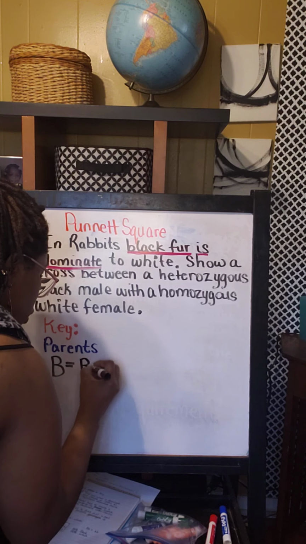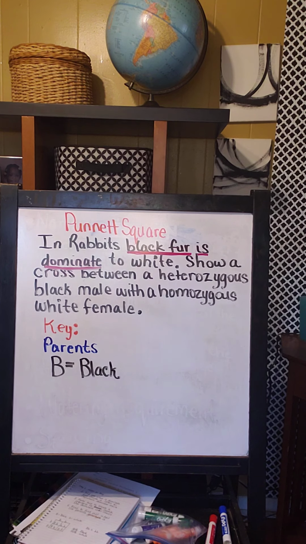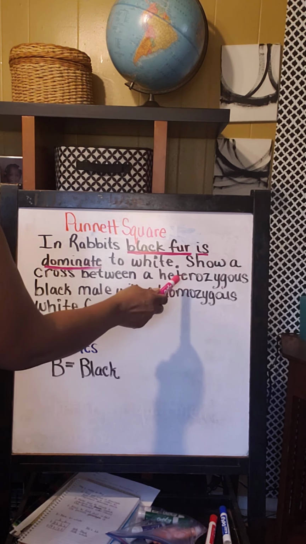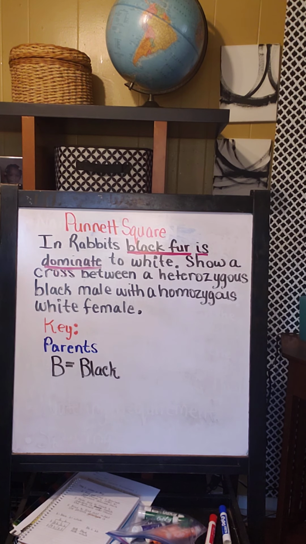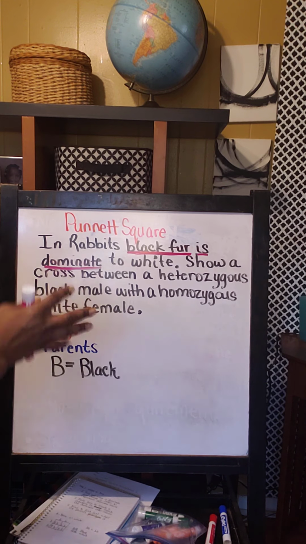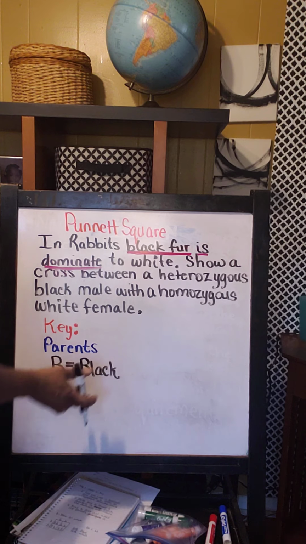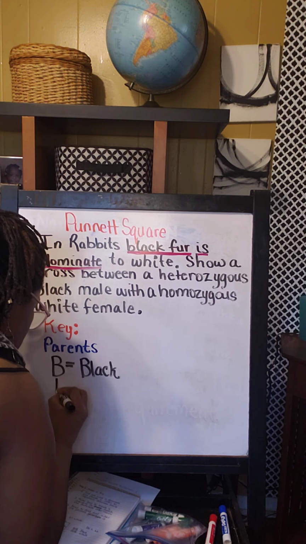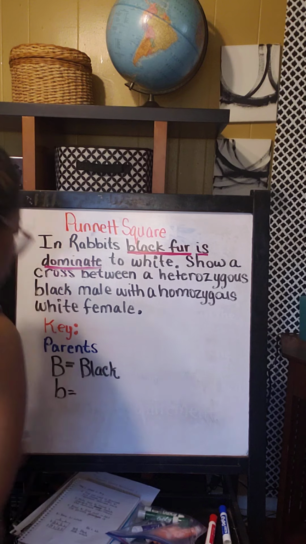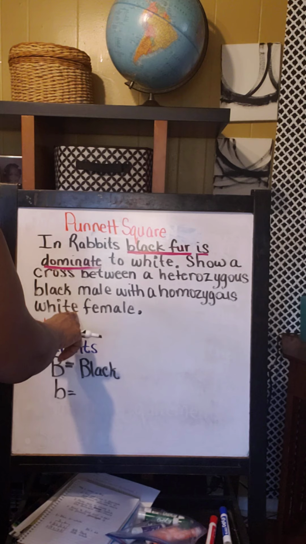Okay. And then we're going to show a cross between a hetero. Remember, hetero means it is going to be something different. But let's first just make sure we understand that we got the black fur, and anytime that we have a dominant trait, we have to have a corresponding letter. Okay, so the corresponding letter for recessive is going to be a lowercase b. Now, the recessive is going to be white, all right?